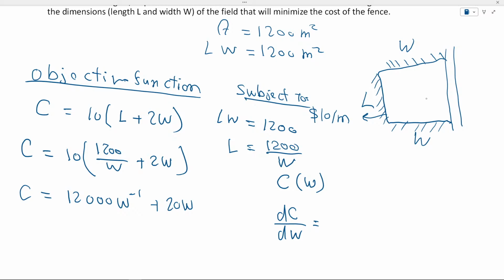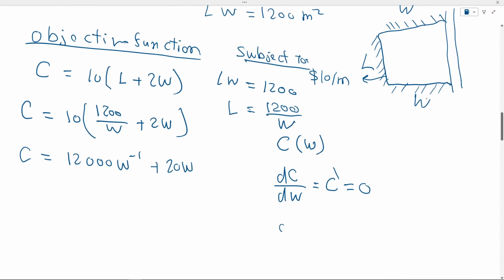When this is equal to 0, that will give us the critical points. And for this critical point, we can use the second derivative to find the local minimum. That's basically how to solve it. So to solve this, we need to find the first derivative and the second derivative.